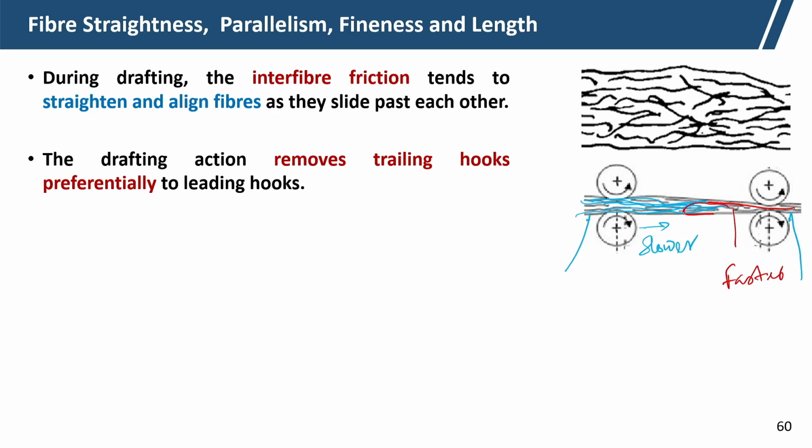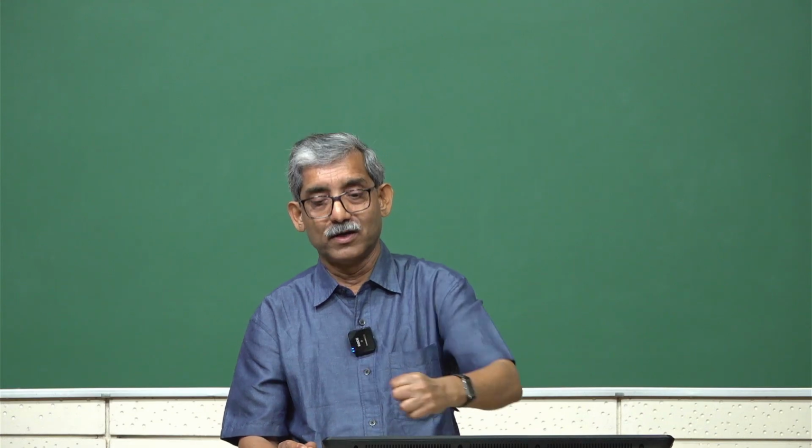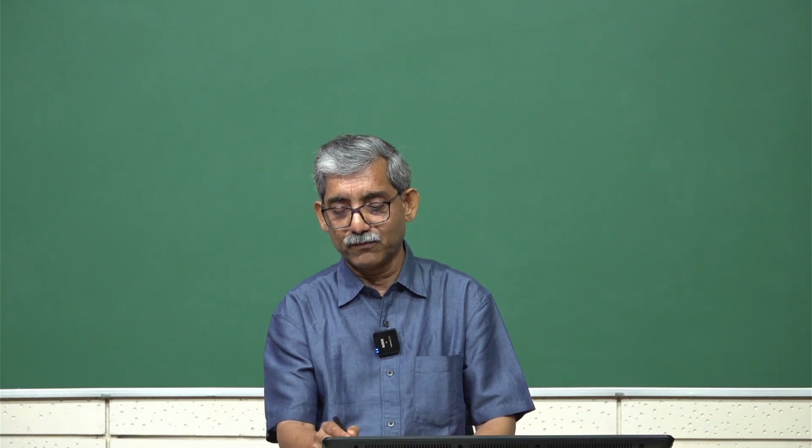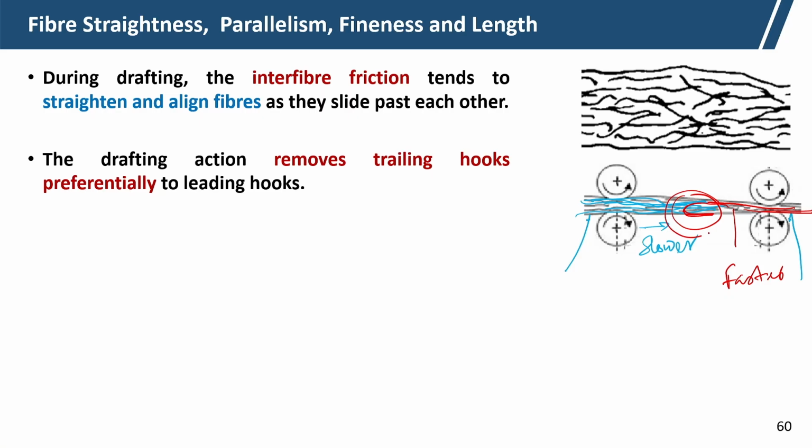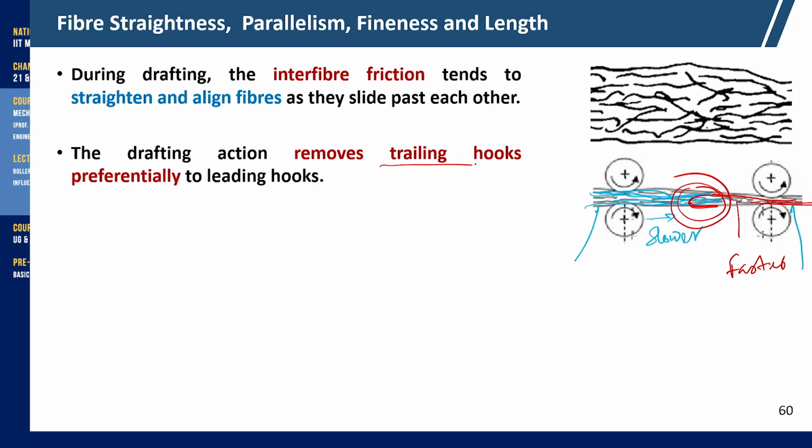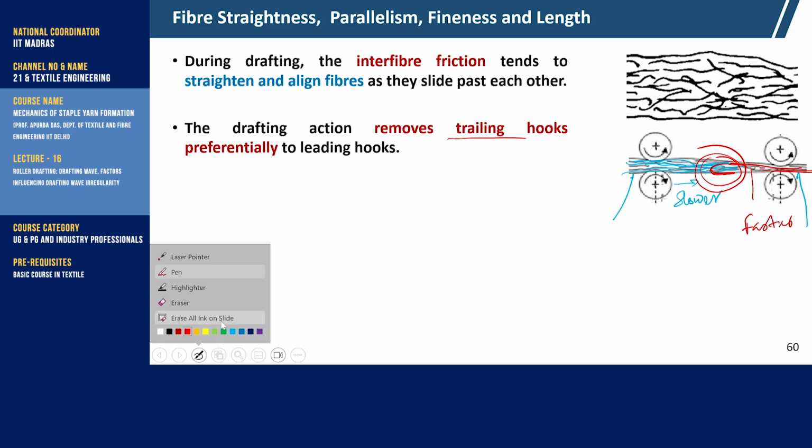This has got the trailing hook. So, this trailing hook portion is interacting with the slower moving fiber which is blue. They will try to pull and the red fiber will be moving at a faster rate. So, this trailing hook will be pulled and straightened. The opposite thing does not happen in case of the leading hook. So, that is why the trailing hooks are preferably removed more during the drafting.